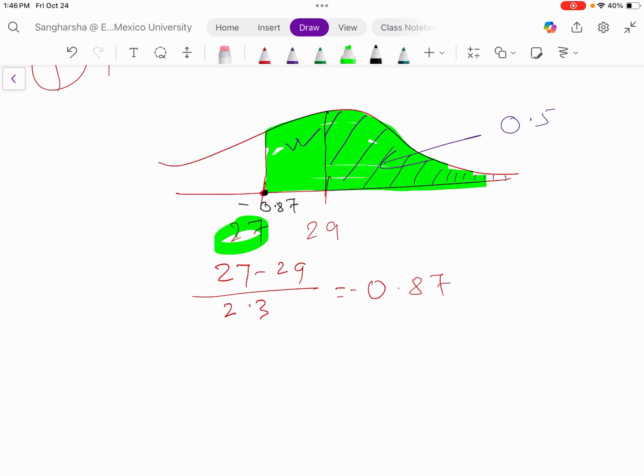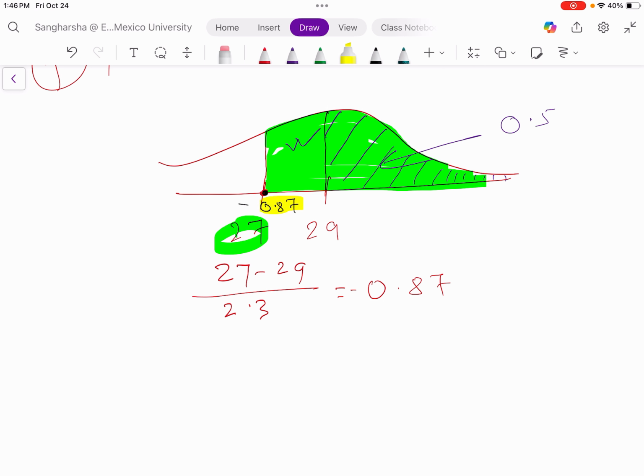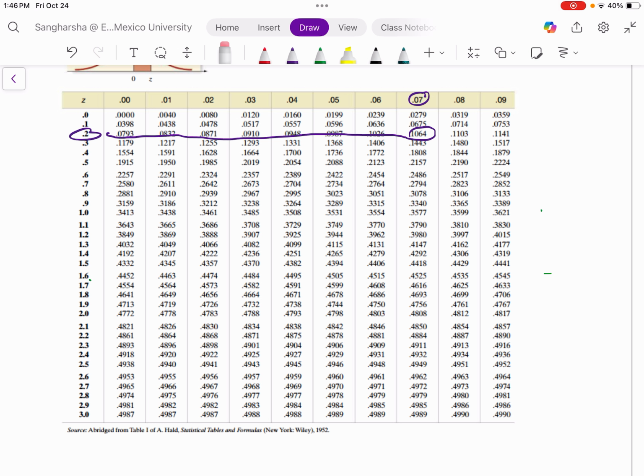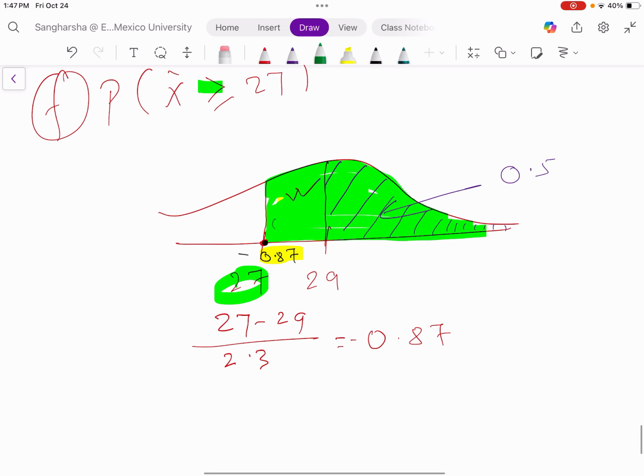Use the z table, look for 0.87, that will give the area of this part. So 0.87 is here, 0.3078.